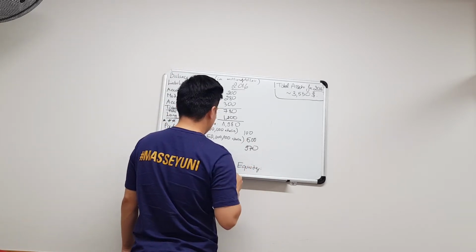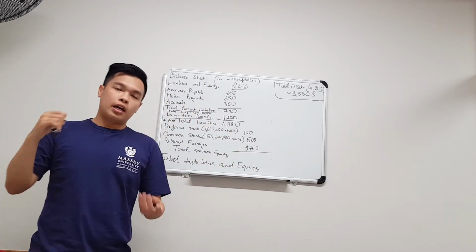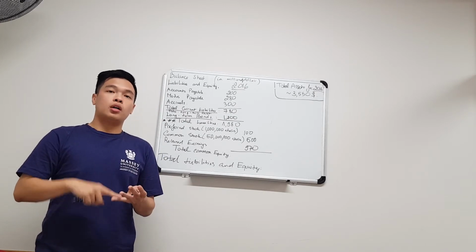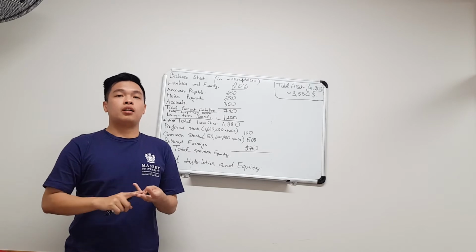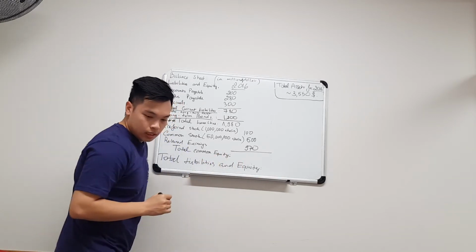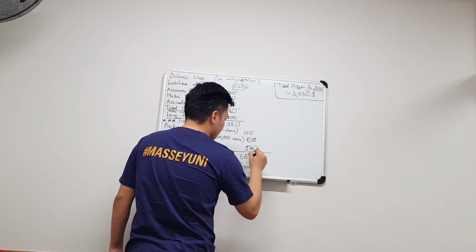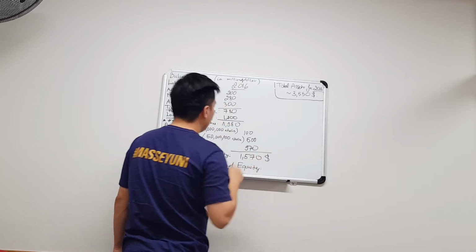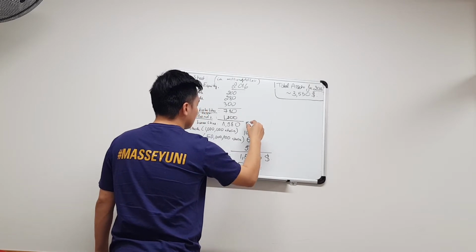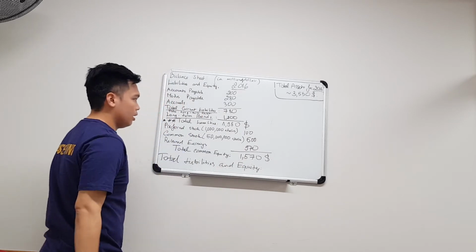In equity, remember, we often have preferred stock, common stock, and retained earnings. We sum across, and we have total common equity of $1,570, and we have total liability here of $1,980.